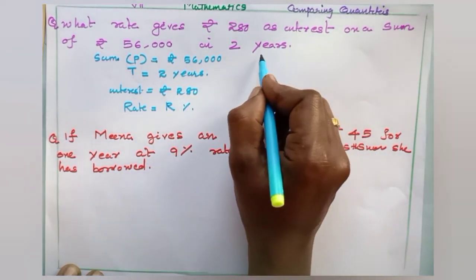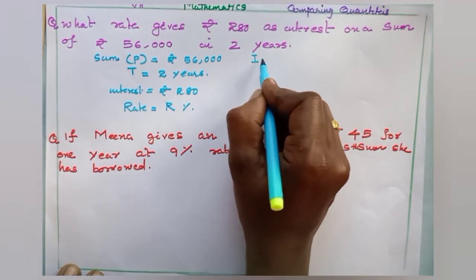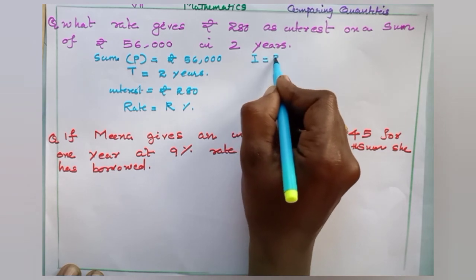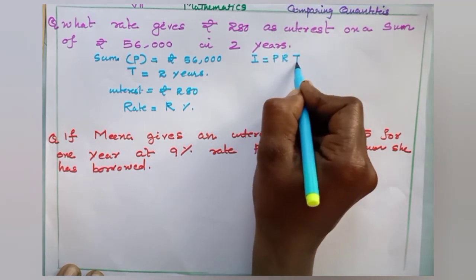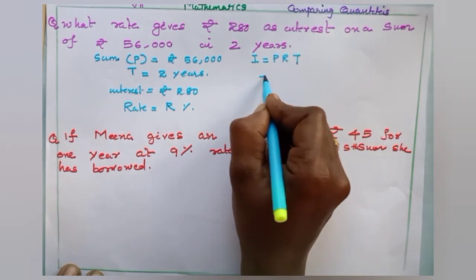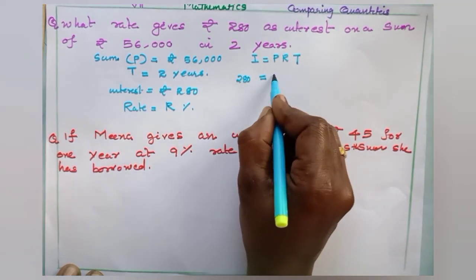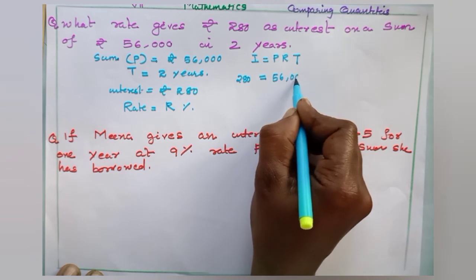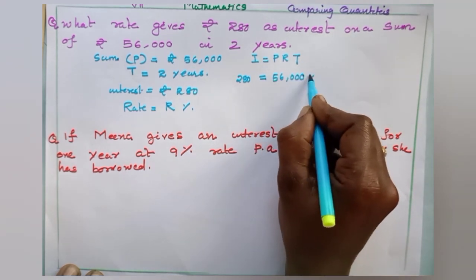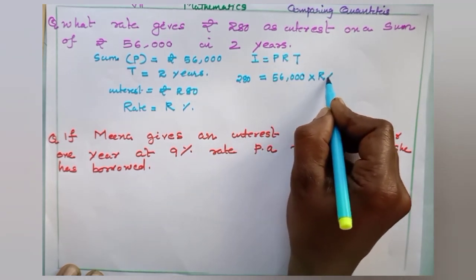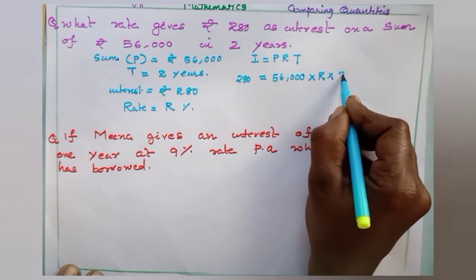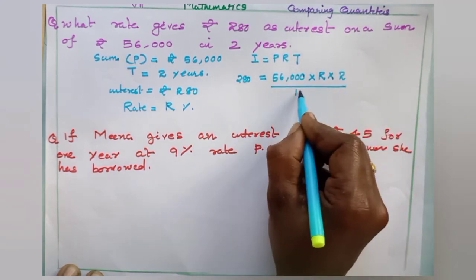We know the simple interest is equal to P into R into T. So here the interest 280 is equal to 56,000, the principal, into the rate of interest R, which we want to find out, into the time 2, by 100.